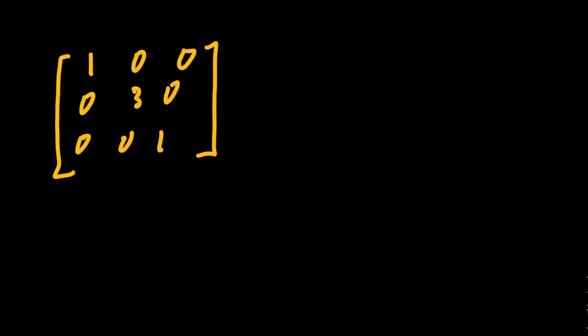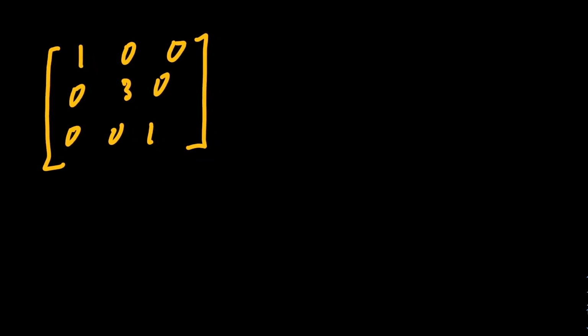So, is this matrix elementary? And it does look very similar to an identity matrix, so that's a good clue. Think about that for a minute, and then I'm going to explain the answer or the solution. And it turns out that this matrix is elementary.